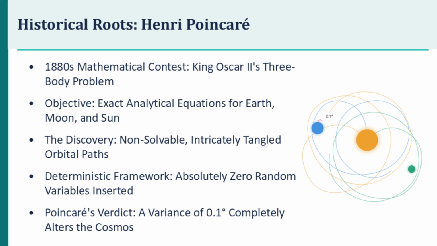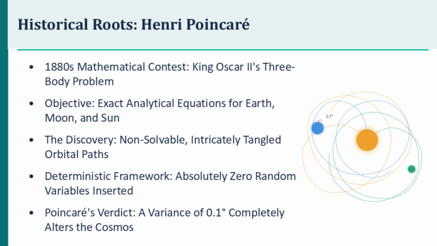Poincaré attacked the problem using new geometric techniques. During his research, he made a shocking discovery. He found that certain orbital trajectories were so incredibly complex and intricately tangled that it was impossible to write down a closed-form analytical solution. Poincaré realized that even if the equations governing gravity were entirely deterministic and free from randomness, a microscopic error in pinpointing the initial positions of the planets would grow so rapidly that long-term predictions became utterly meaningless.